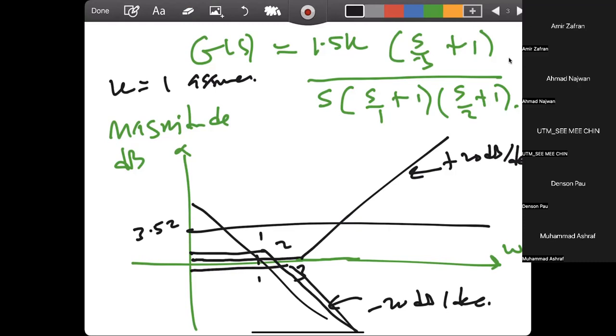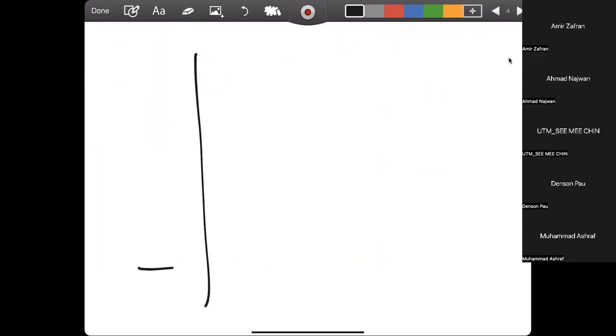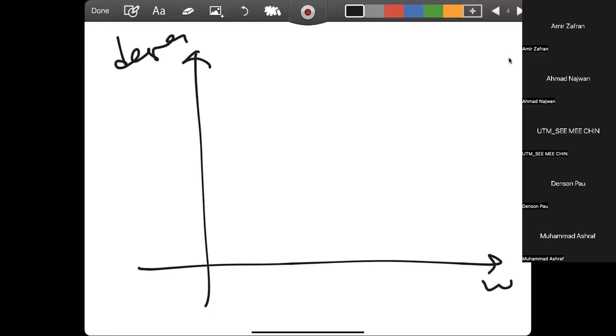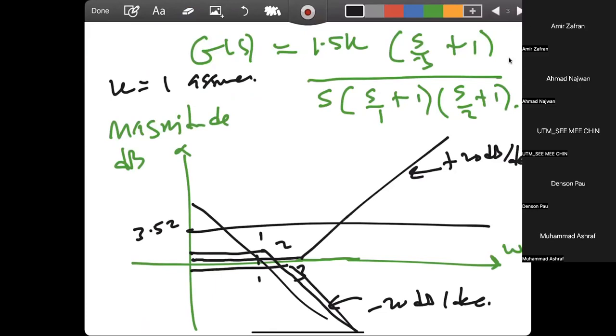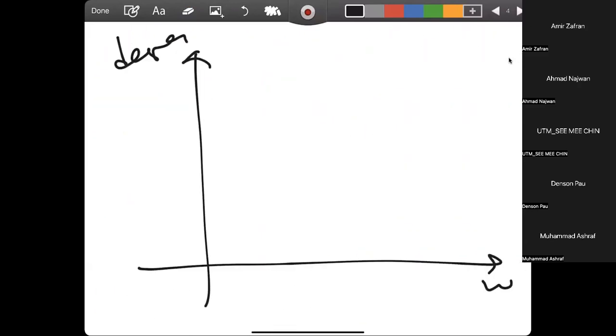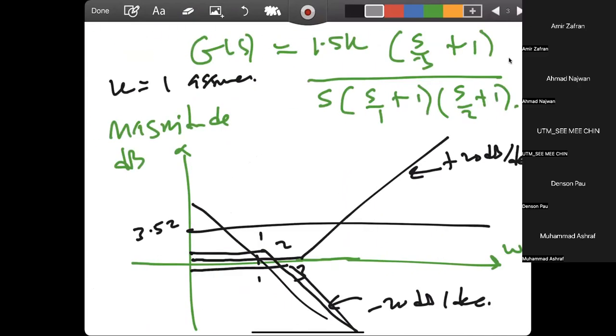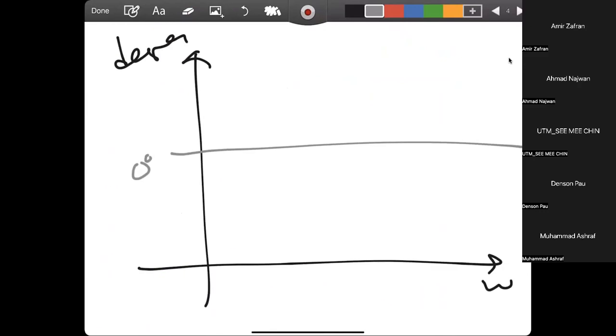And then you do the phase as well. So for the phase, the constant is 0 degrees. Let's say 0 degrees over here. And then this one is (s over 3 plus 1), so 3 radian per second.